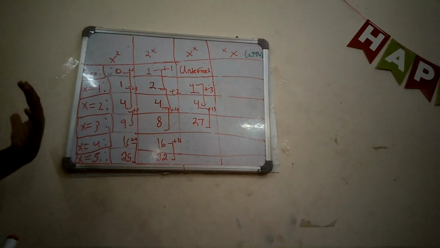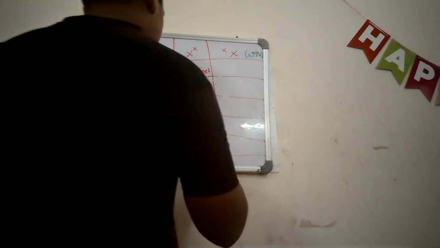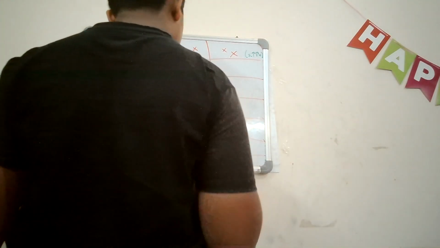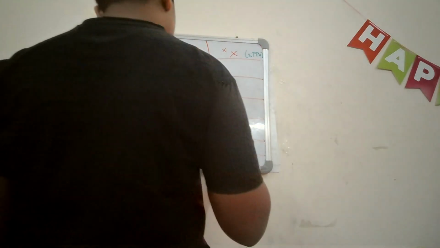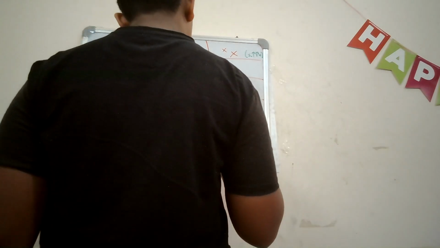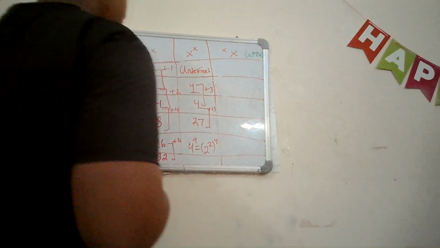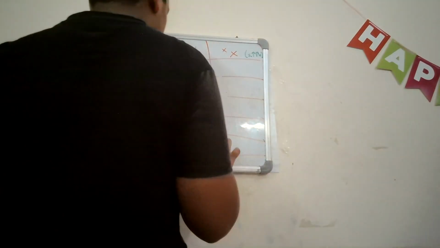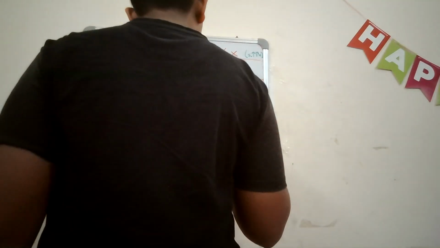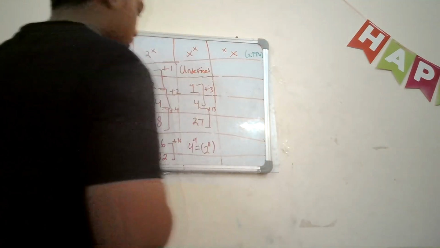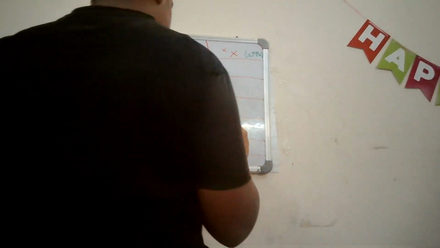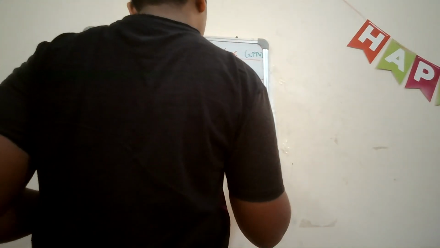And see, 4 to the 4th, let's find this. We can write this as 2 squared to the power 4, which is 2 to the power 8. And we can write 2 to the power 8 as 2 to the power 4 times 2 to the power 4.